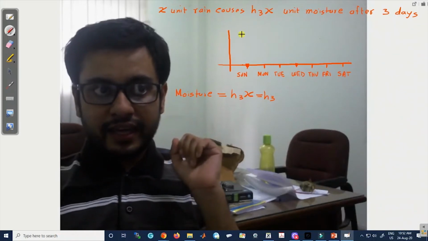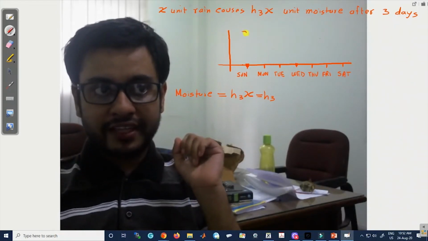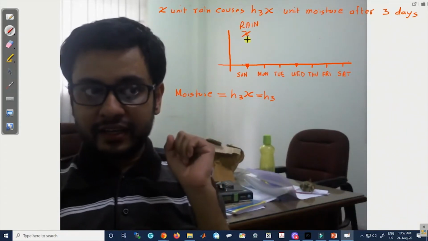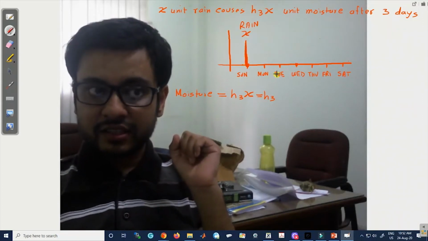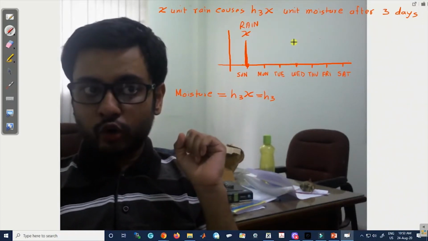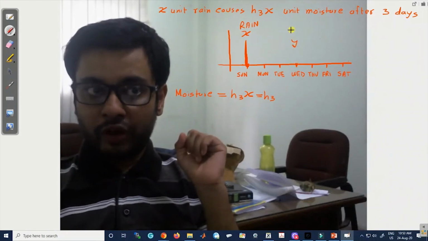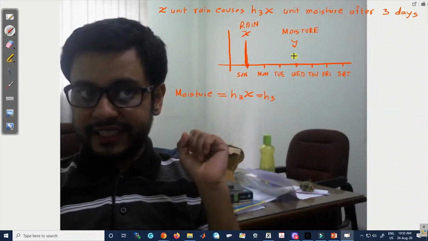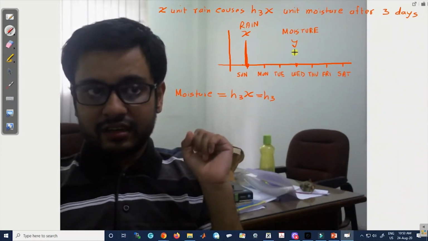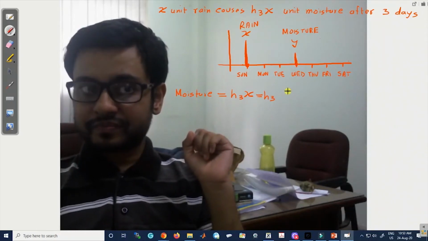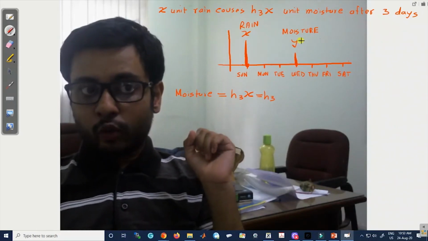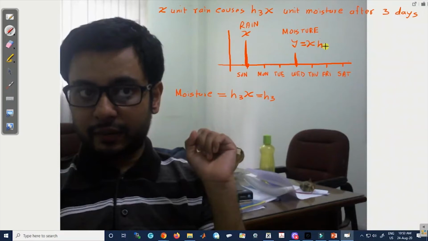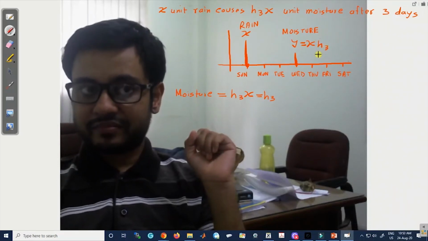Suppose X unit of rain on a particular day, say Sunday, produces Y unit of moisture after 3 days, that is on the Wednesday, and Y is given by the amount of rain multiplied by some constant H3.